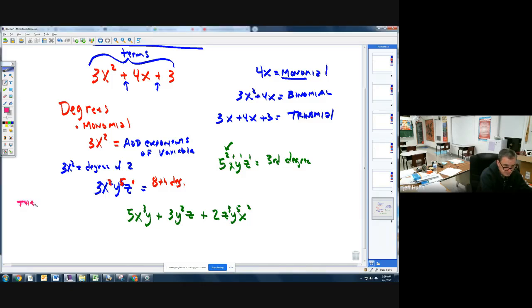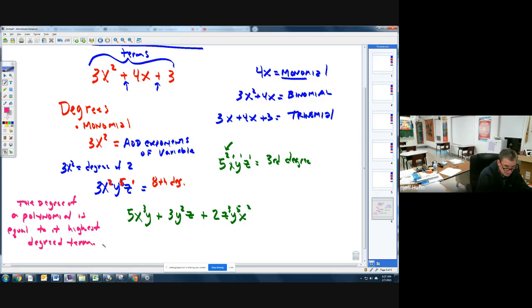The degree of a polynomial, of a many-term thing like this, not a monomial, is equal to its highest degreed term.